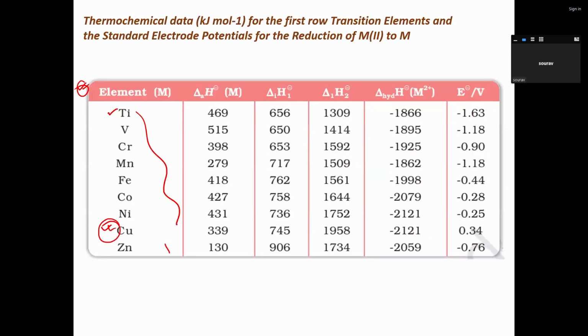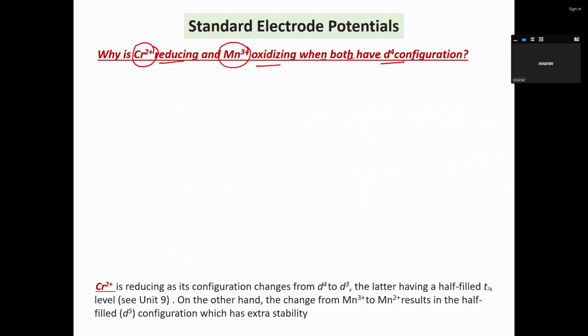So from that chart, you can see that this is chromium plus 2 and this is manganese plus 2. Whatever the E0 value, chromium plus 2 is greater than this E0 of Mn plus 2.